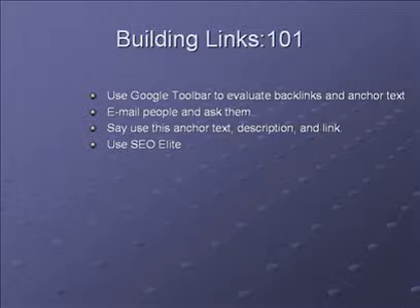And also, there may be descriptions within the links, and if so, you need to provide the person who's linking to you with a good description. And also, of course, the page that you would like to link to.